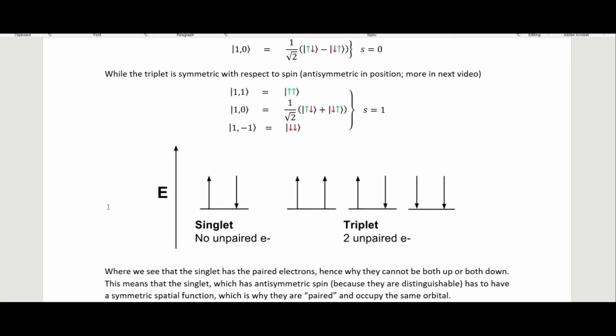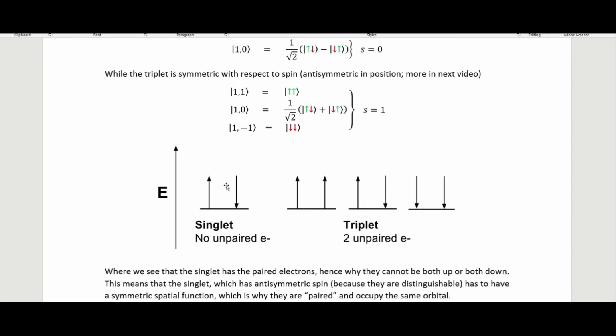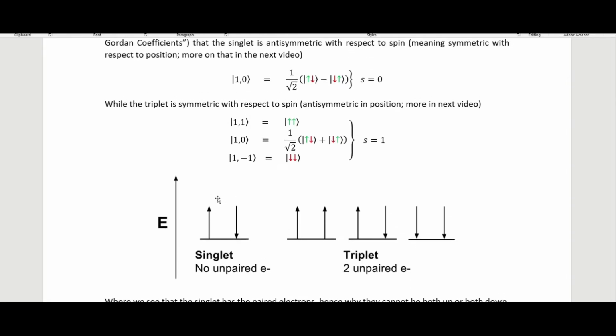So when something is symmetric in position, they can sort of couple up like this. So this says no unpaired electrons. So these are paired electrons. That pairing is the fact that they are occupying the same space, but they're just antisymmetric with respect to spin.